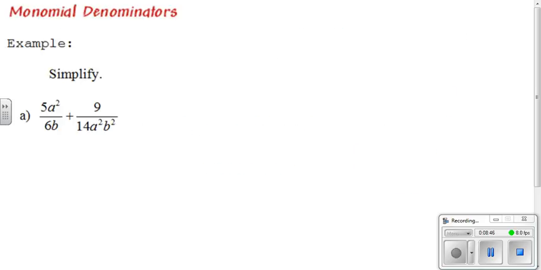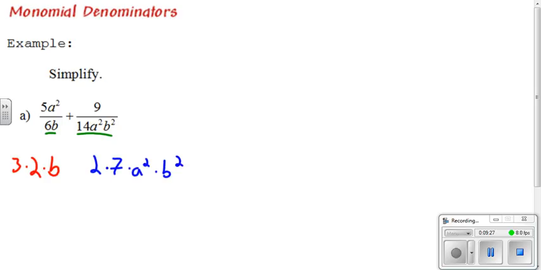Let's put everything together, and now instead of just looking at the least common multiples, we're piecing it together in our rational expressions. So if we have 5a squared over 6b plus 9 over 14a squared b squared, we need to find the least common multiple of our denominators, 6b and 14a squared b squared. 6b is going to be 3 times 2 times b. 14 breaks down into 2 times 7 times a squared times b squared.